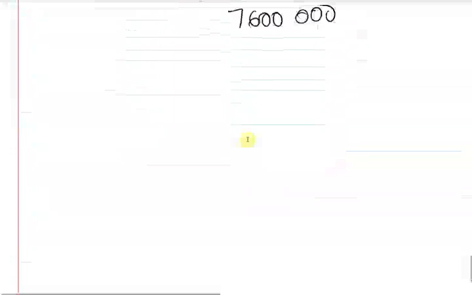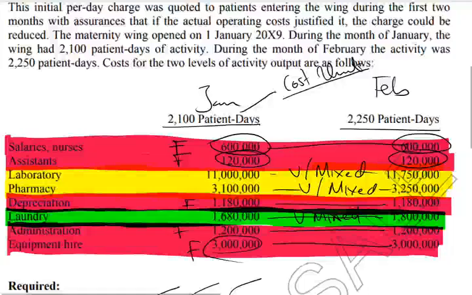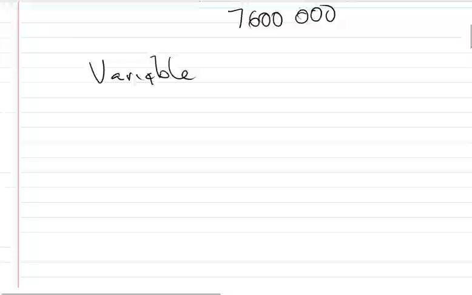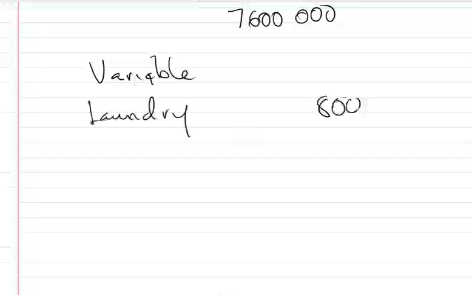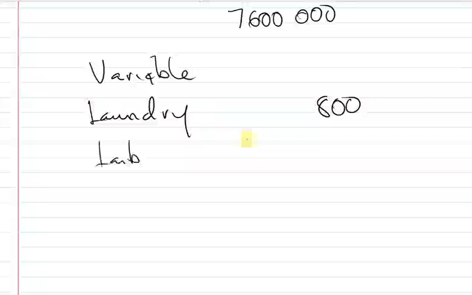So I have the first variable cost, which was directly. I found that laundry was a variable cost. I found that it was 800 per unit, right? After separating laboratory into fixed and variable, I found that 5,000 was the variable cost per unit.